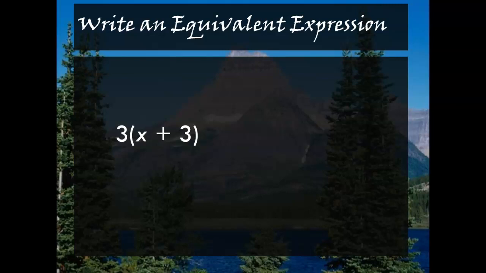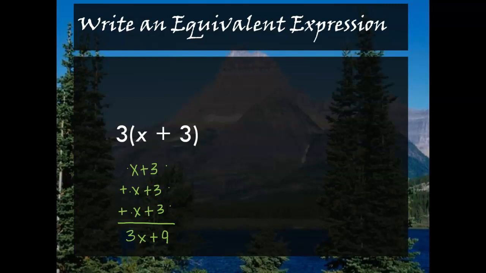We could write x plus 3 plus x plus 3 plus x plus 3 and figure out what the total would be. We would have 3 x's all together, and we would have 9. And our equivalent expression would be 3x plus 9.